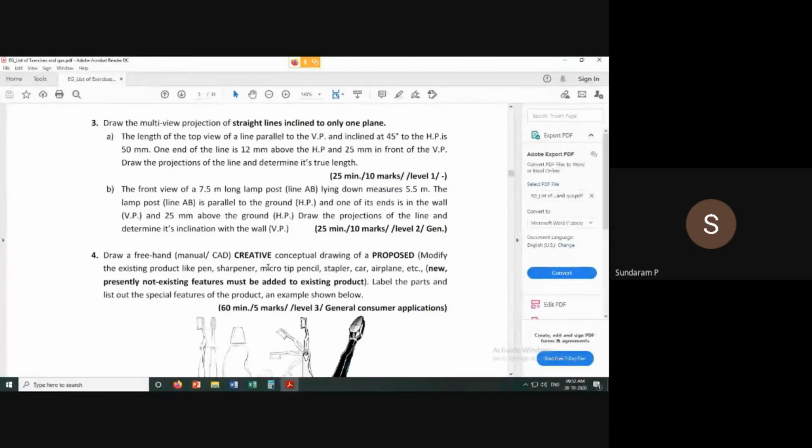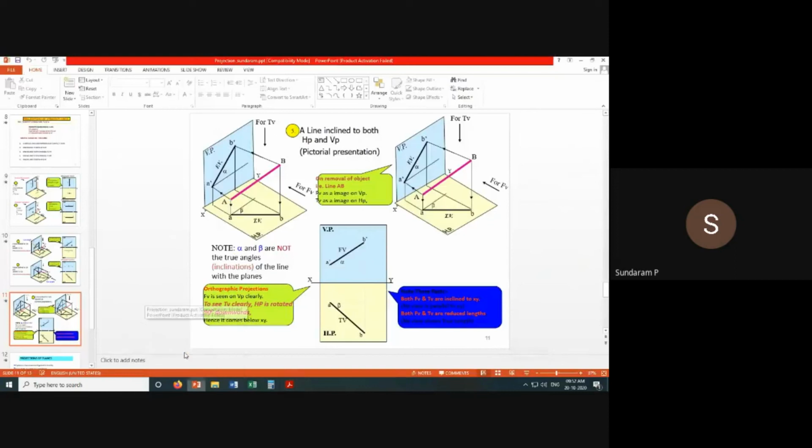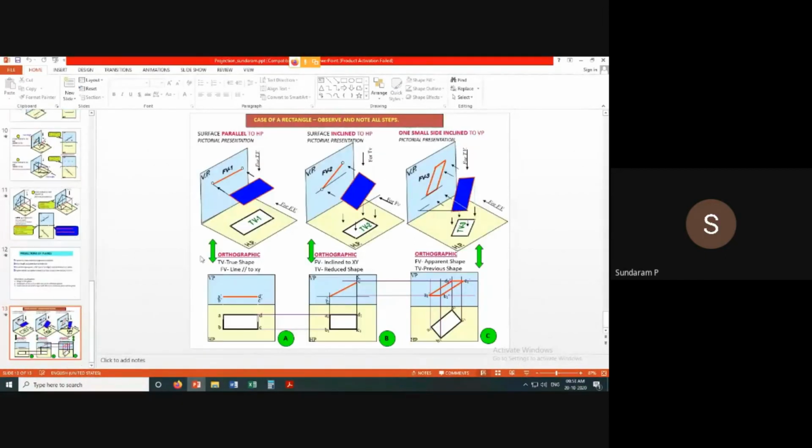So we can discuss the straight line inclined to both reference planes, both vertical and horizontal, next week, in the next class. I forgot to tell you about the plane, so here I tell you the plane.